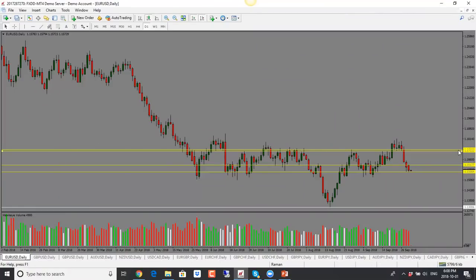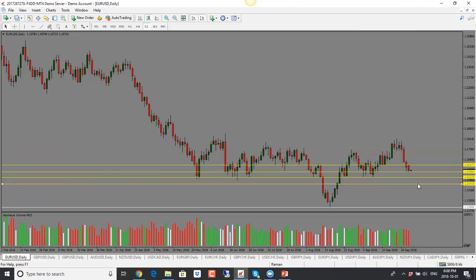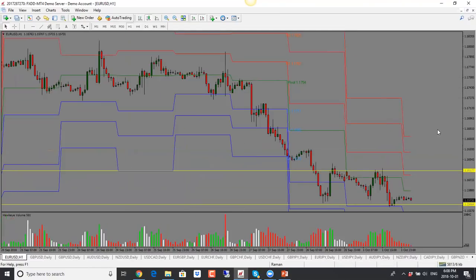Okay, so for euro here, we are seeing a decline. We saw price move lower, so we have seen a drop in the euro dollar. However, we have not seen a break of this yet. So based on the daily candle close, the bias is to the downside. If you look at the daily candle, price just basically traded in this range.